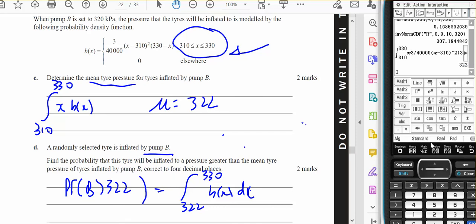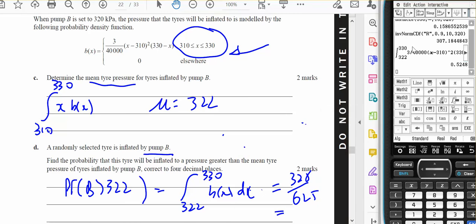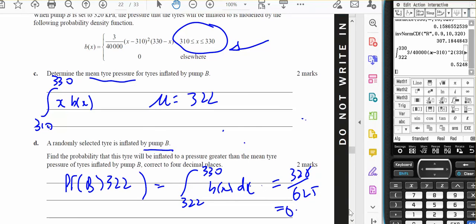If I put 322 in here, that's going to be equal to 328 on 625, and I've got to do it to 4 decimal places, 0.5248. Now, it won't necessarily be 0.5. That would be the median.